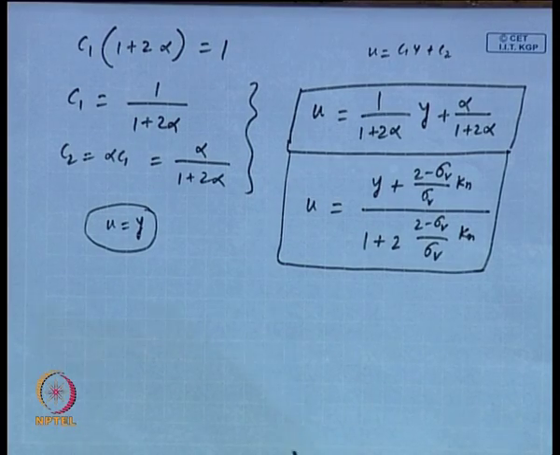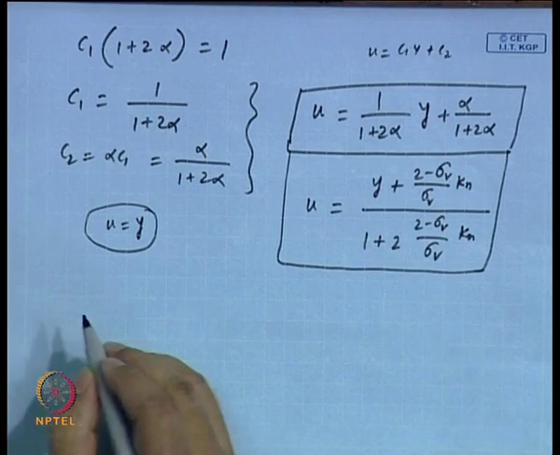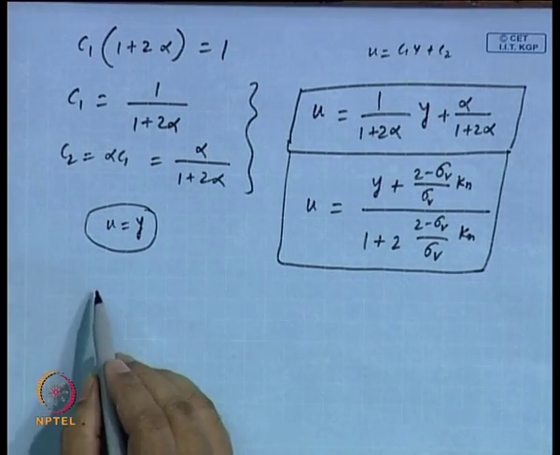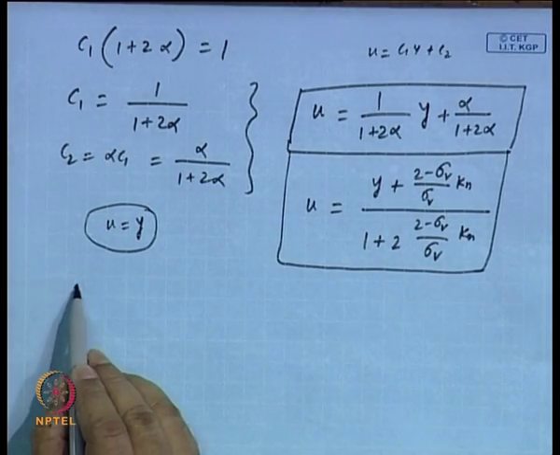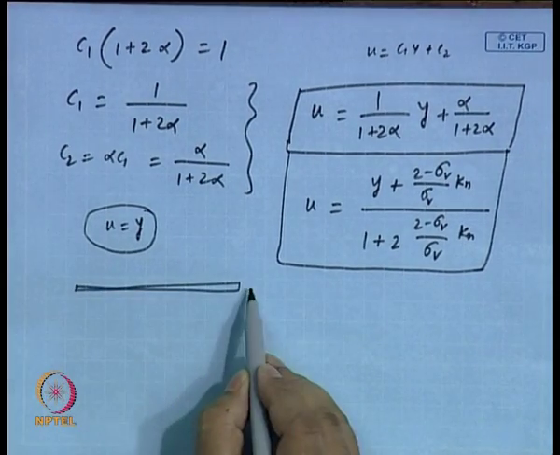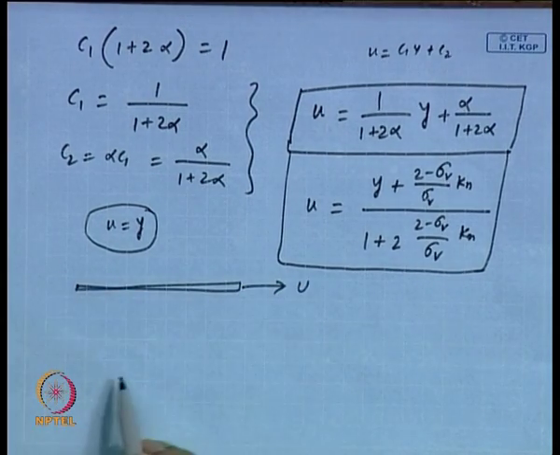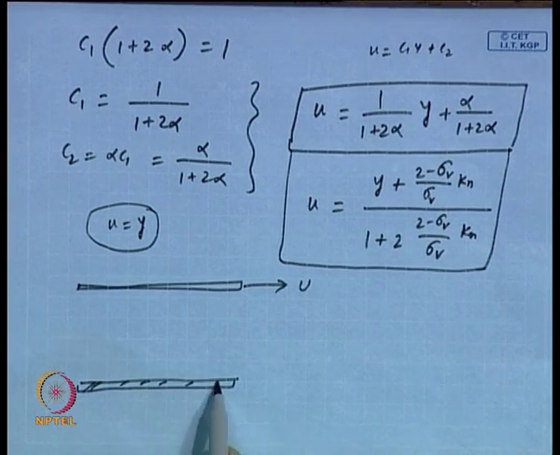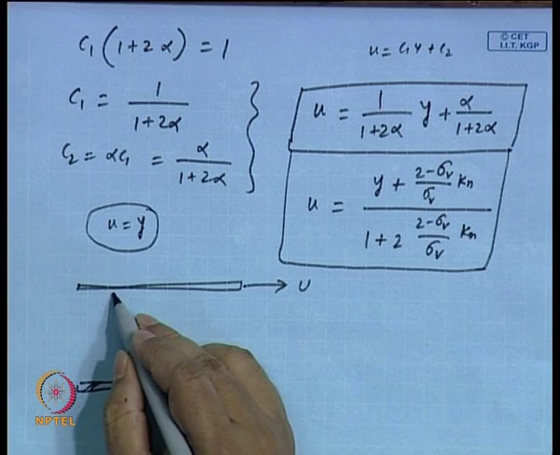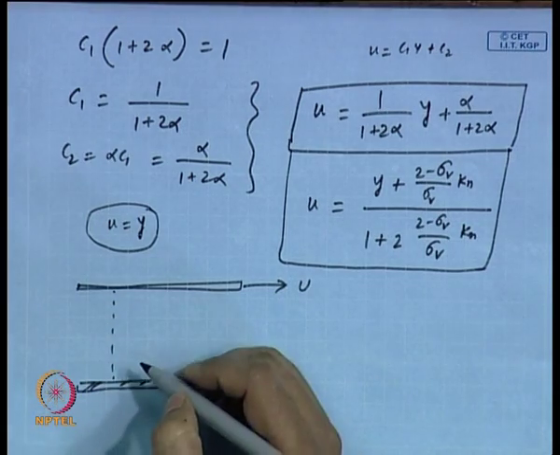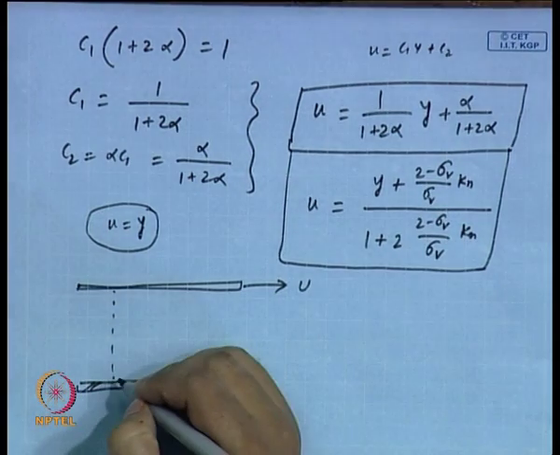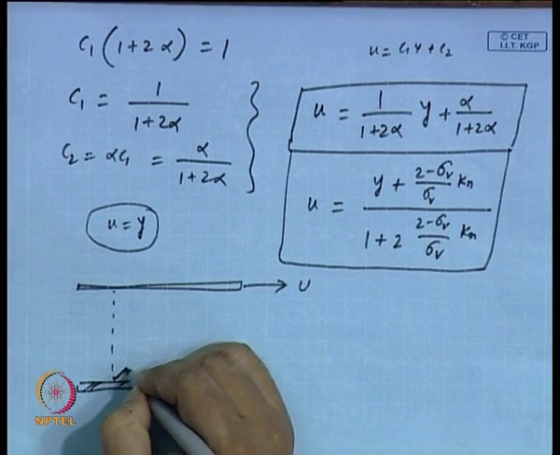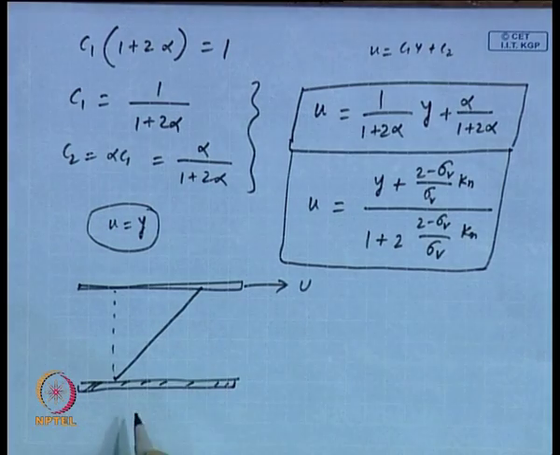Now, if you want to draw how this whole thing looks, this is the plate that is moving at a constant velocity u, and this is the plate that is fixed. Okay. So, if you have no slip boundary condition, you can expect this to be the velocity profile, right.